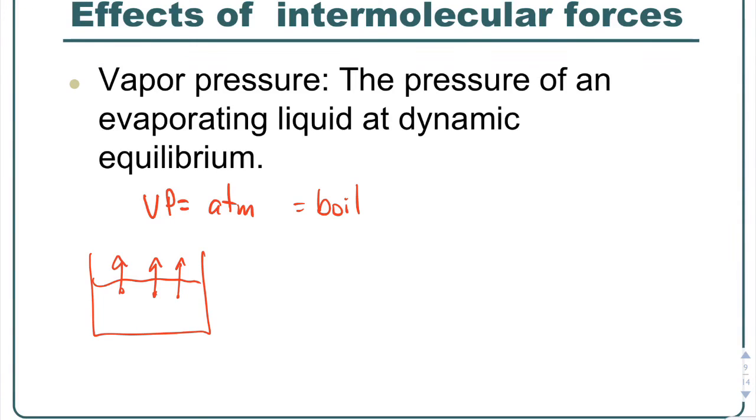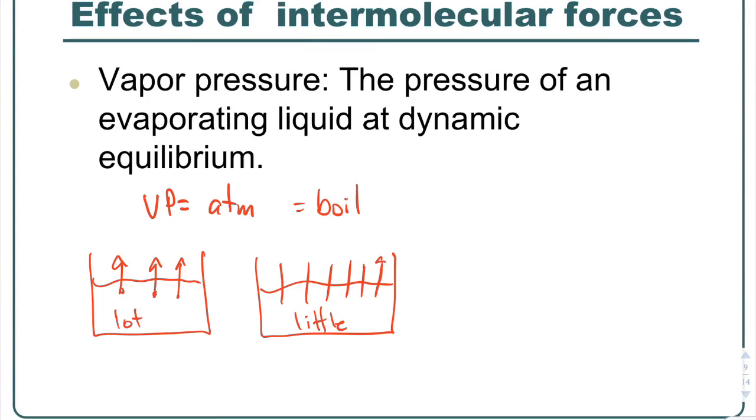Those evaporated particles are the vapor pressure. So if you have a lot of attraction, you might only have 3 things evaporating. If you have something with very little in the way of attractive forces, these things are going to escape very easily because they're not stuck together, so they're free to escape.